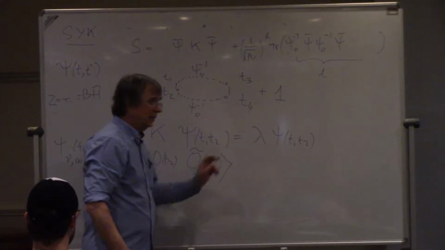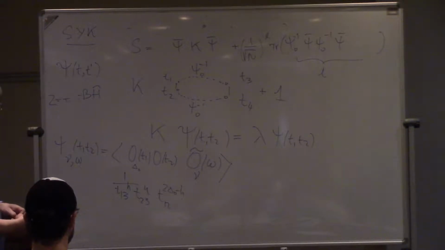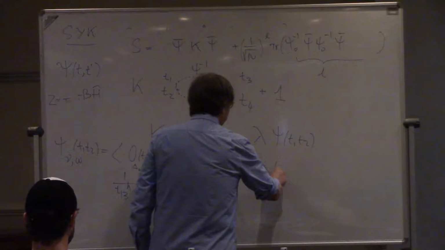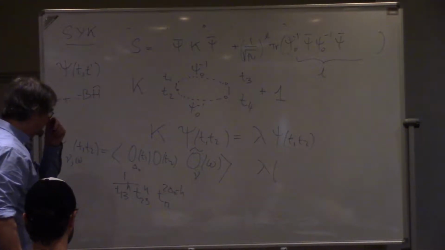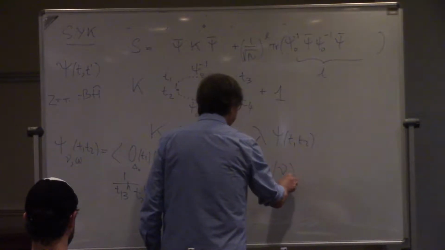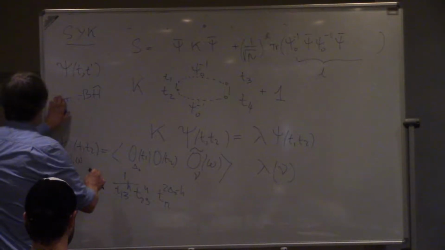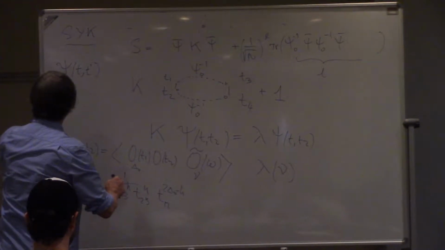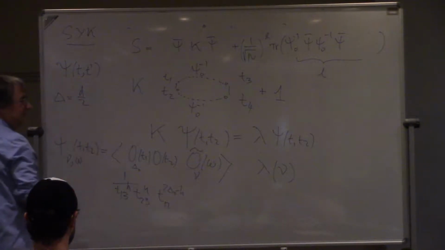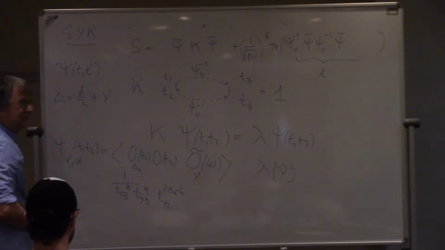But then if you work out the eigenvalue, that is a little bit more interesting and more complicated. And you get the answer that the eigenvalue as a function of these quantum numbers mu and omega doesn't depend on omega, it depends only on mu. And just to set my notation straight, we all know some notation for conformal field theory that delta is equal to d over 2, in this case 1/2, plus mu, and that's one notation.